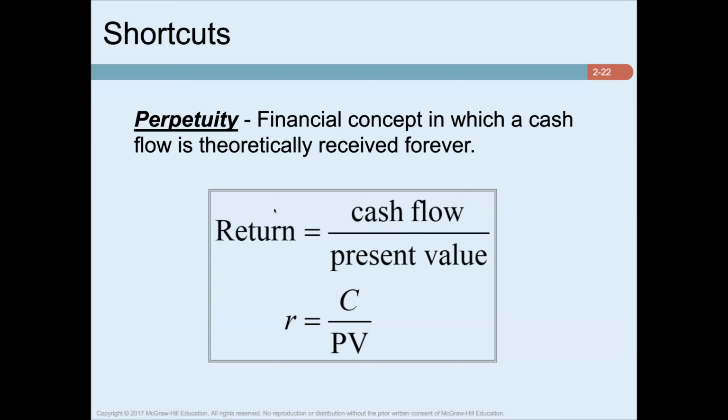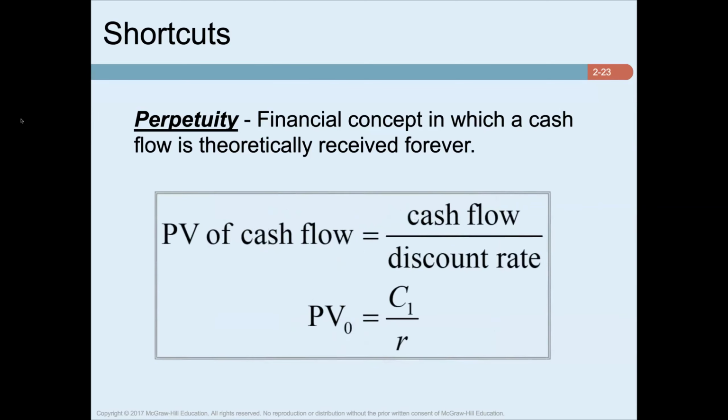So the present value for a perpetuity is the present value equals C divided by R. This is the present value of cash flow divided by the discount rate, R. That's the perpetuity, which we would use in our kale and kombucha case.